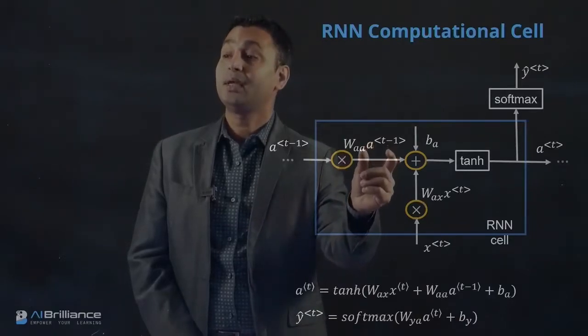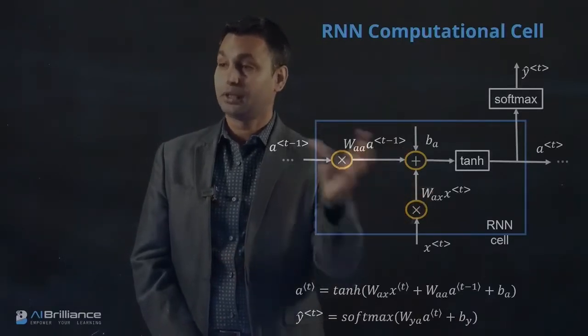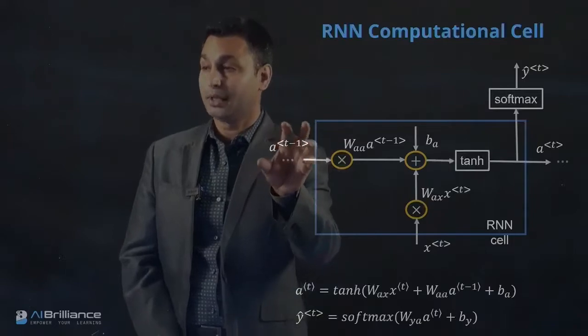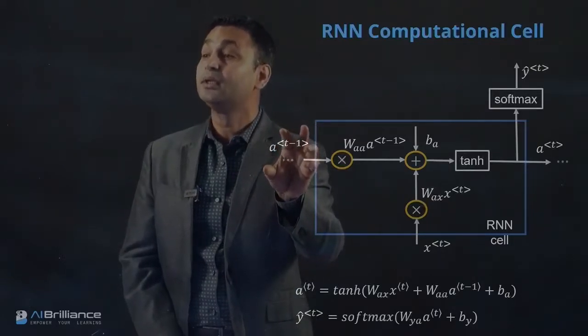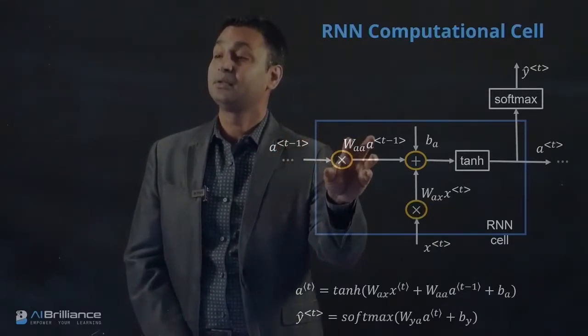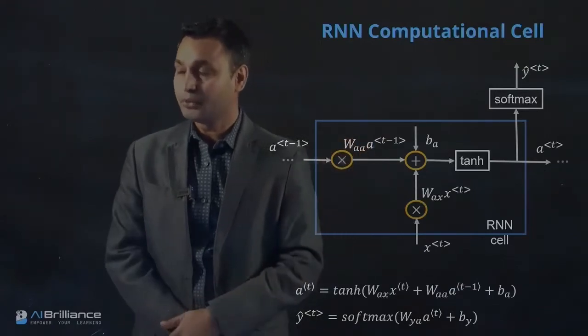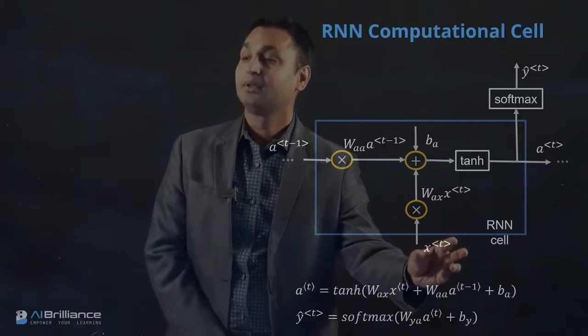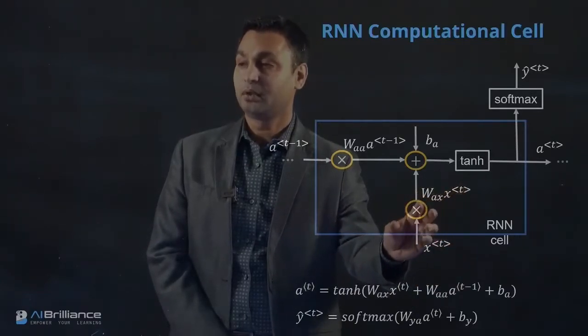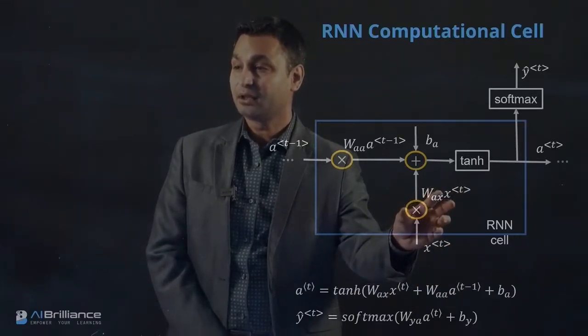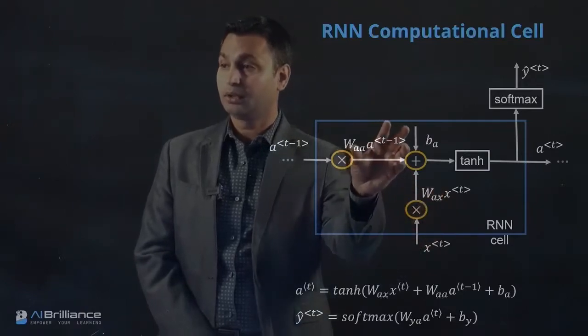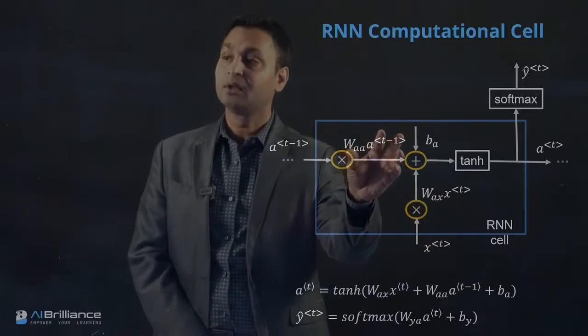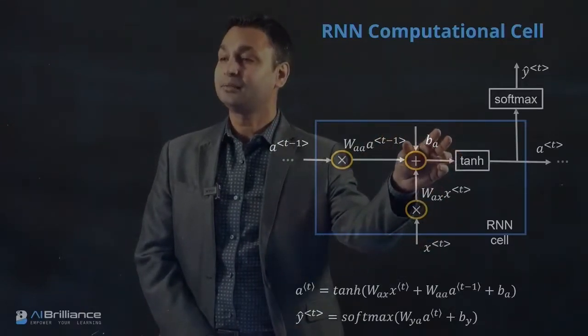Now we have A(t-1), the activation coming in. We take this activation and do the linear sum of that activation, and that's the linear sum here. This is something that we also do in deep neural networks. Here we have the input and its linear combination. We add this linear combination of input to the linear combination of activation, including a bias term.